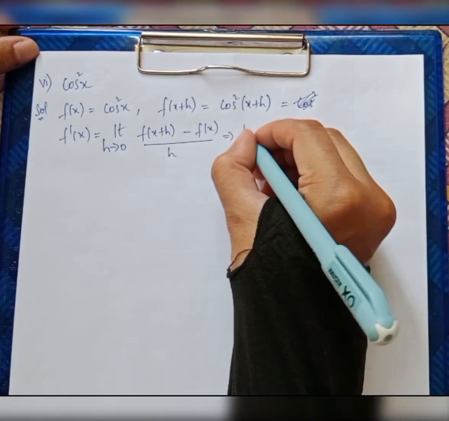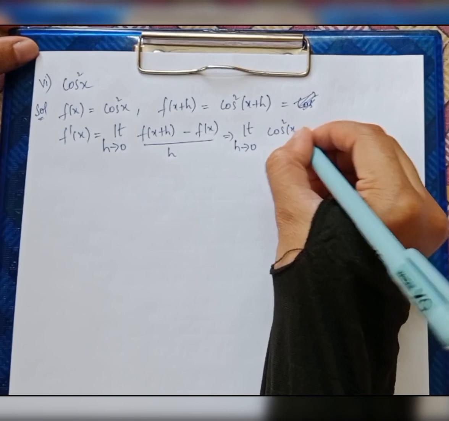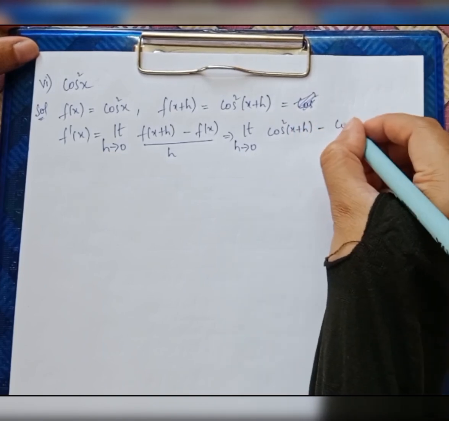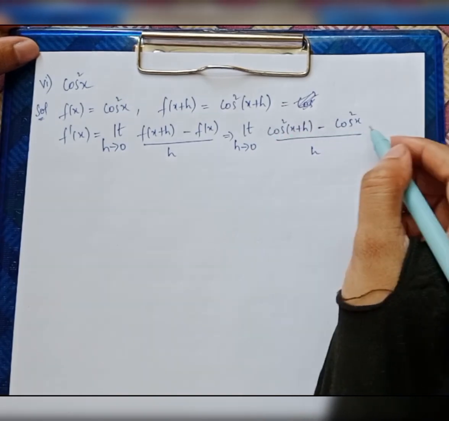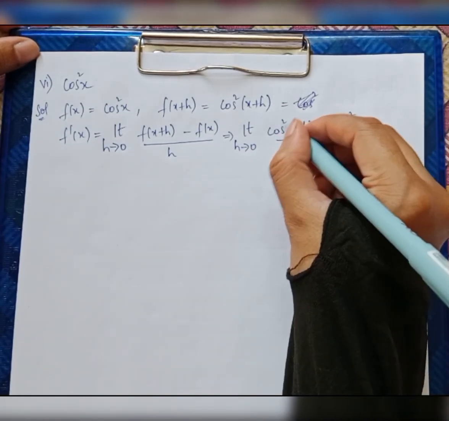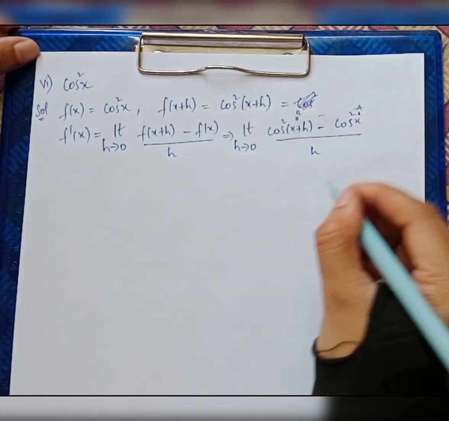So this can be written as limit h tends to 0 of cos square (x + h) minus cos square x by h. So the given function is in the form of cos square b minus cos square a.